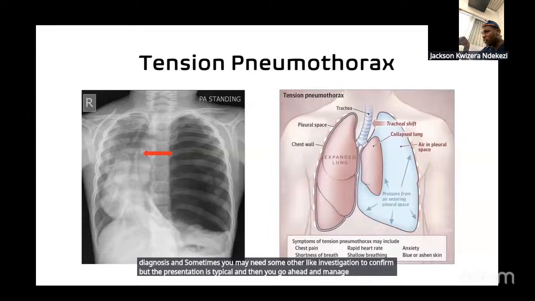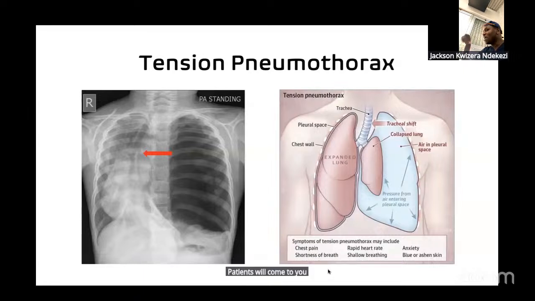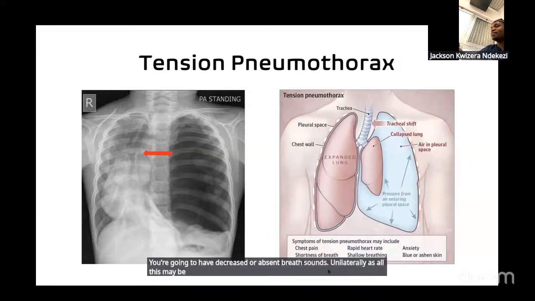Patients will come to you complaining of chest pain, shortness of breath. When you auscultate, you're going to have decreased or absent breath sounds unilaterally, as this may be affecting one side.